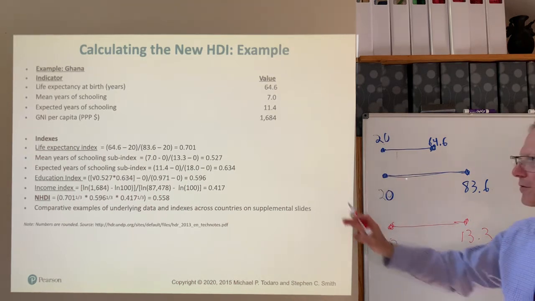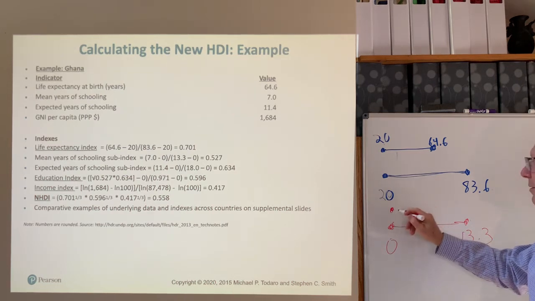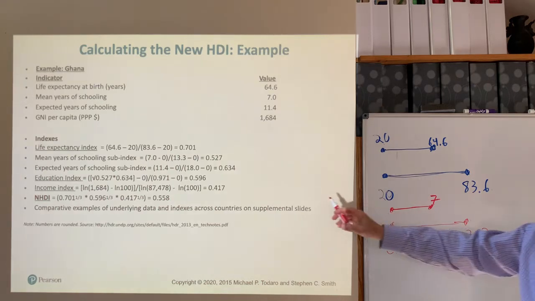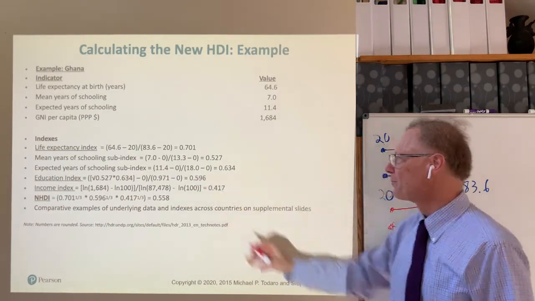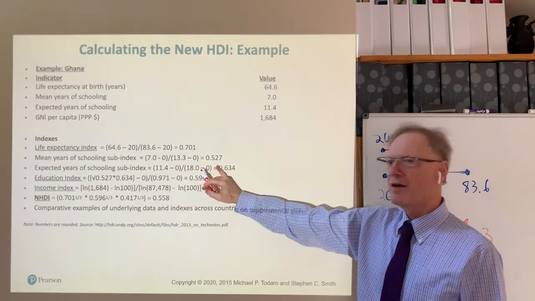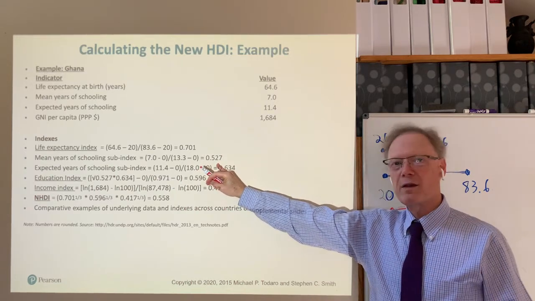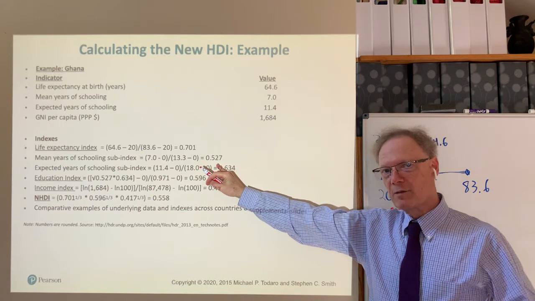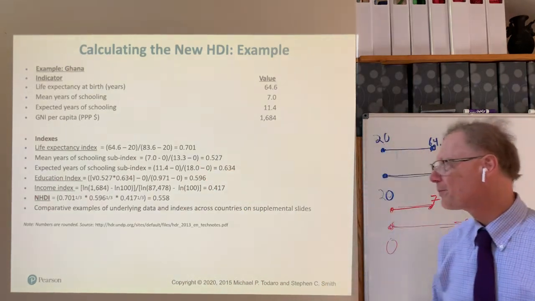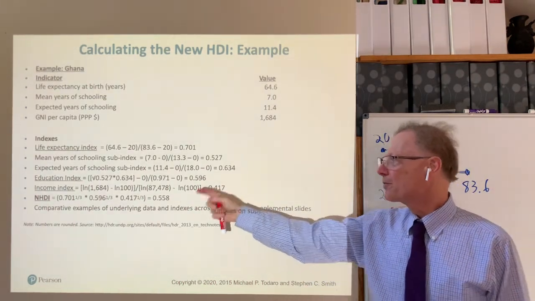For the case of Ghana, it reaches a level of 7, so as a result, we take 7 divided by 13.3, and that gives us 0.527. So in other words, with their 7 years of schooling, they're a little more than halfway toward the goalpost that they're striving for.